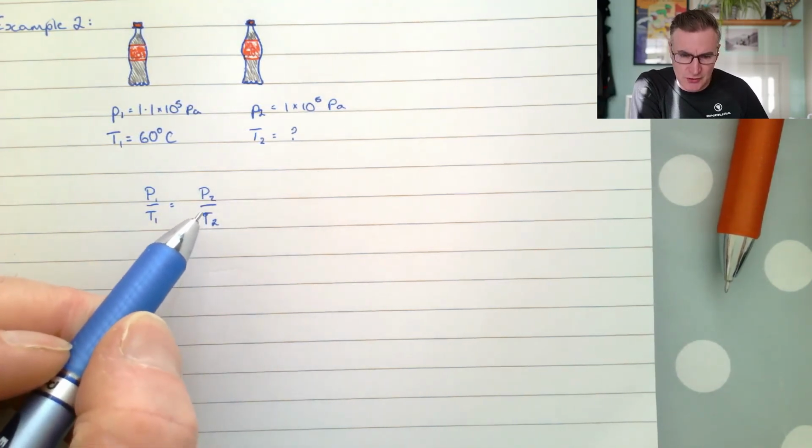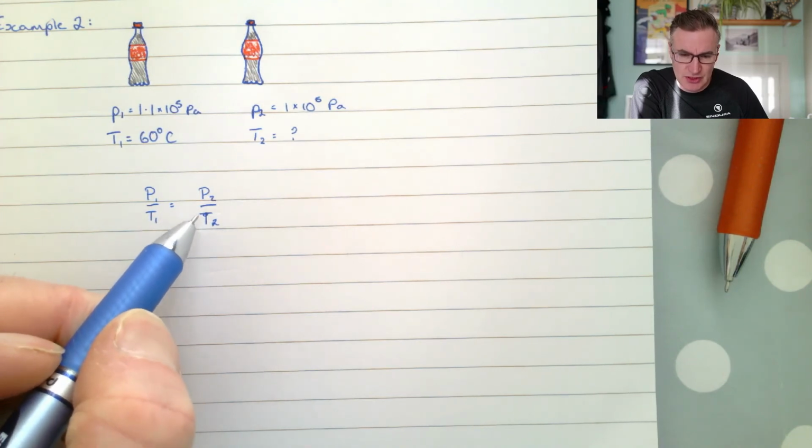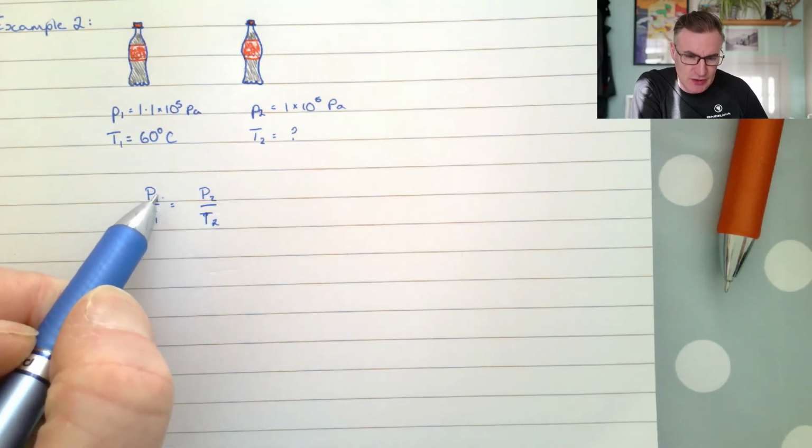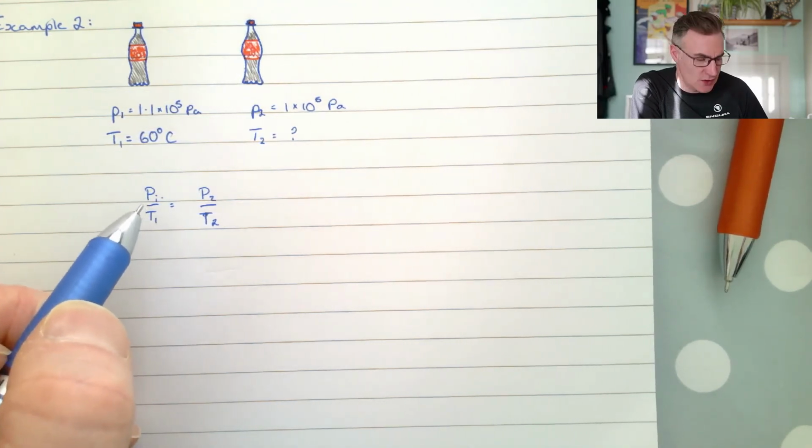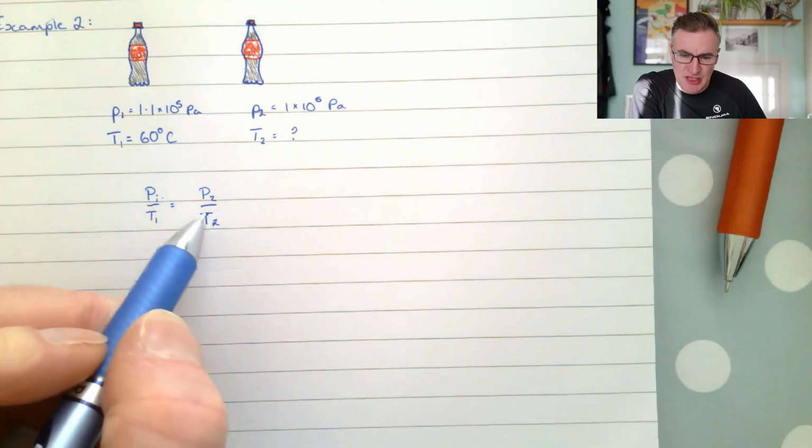So first of all, let's make it go on the top. We pull it up to here, so we've got T2 going up there. But now it's even worse, it's not on its own at all. So bring P1 down there.